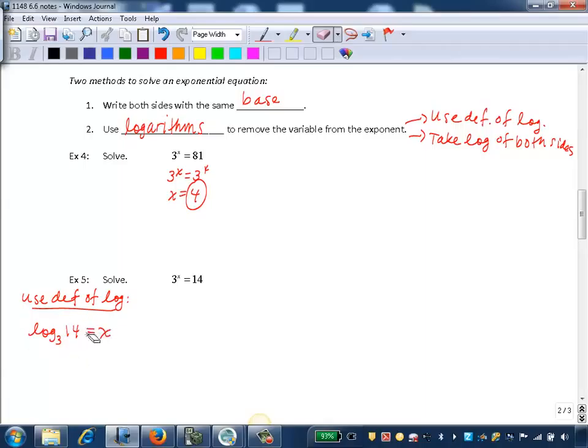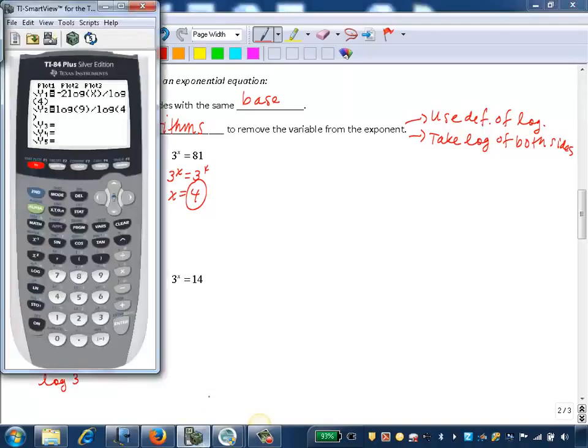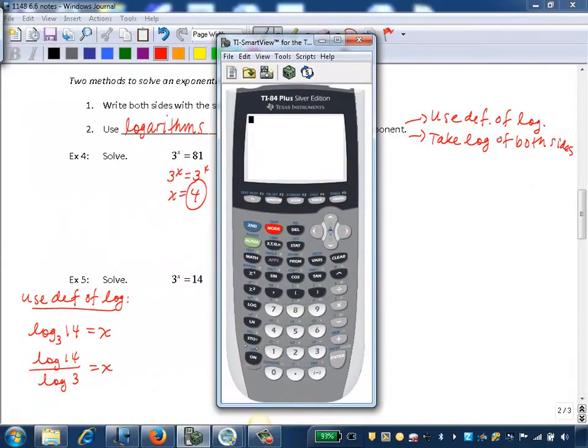Now, if we want to actually evaluate this, we know our calculator can't do bases besides 10 and e, so we use our change of base formula to write this as log 14, or natural log 14, over log 3. So then if we want to evaluate on our calculator, we want to enter log 14 divided by log 3, and we can approximate, so that's approximately 2.4.